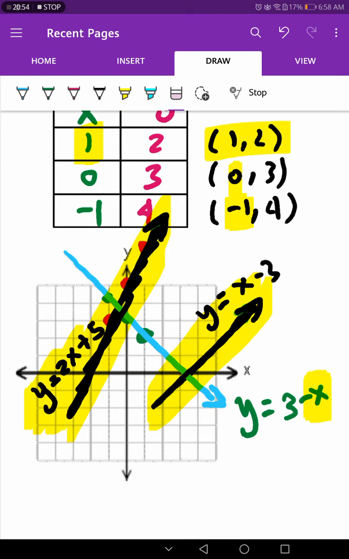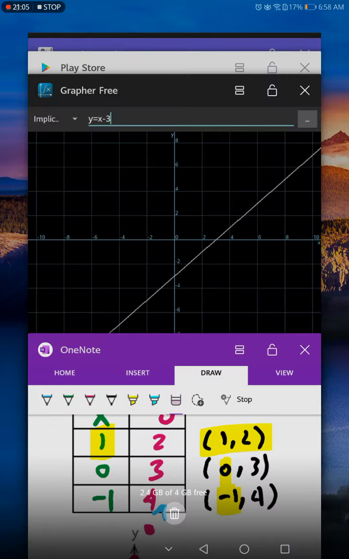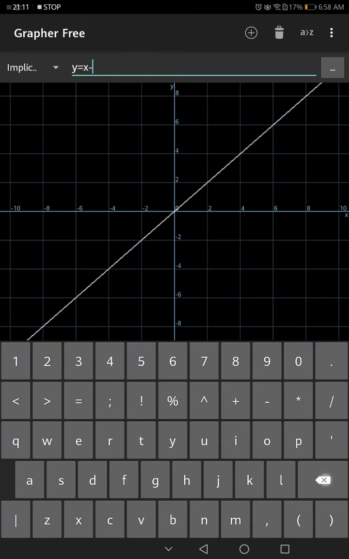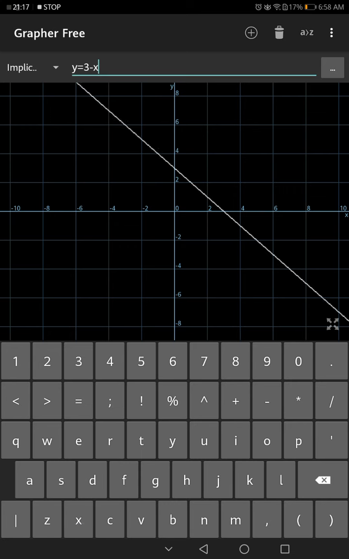I hope you get all the benefit from this. But let me show you something here. This is x minus 3, as you see. If I write 3 minus x, you see, the direction will be different.